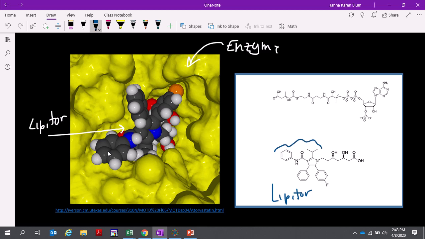This is the part that's kind of sticking out of the enzyme, and this is what's doing the blocking. And this is what's in the binding region. This is the native substrate, the HMG-CoA. A lot of times when we talk about enzymes, we talk about them as a lock and a key.